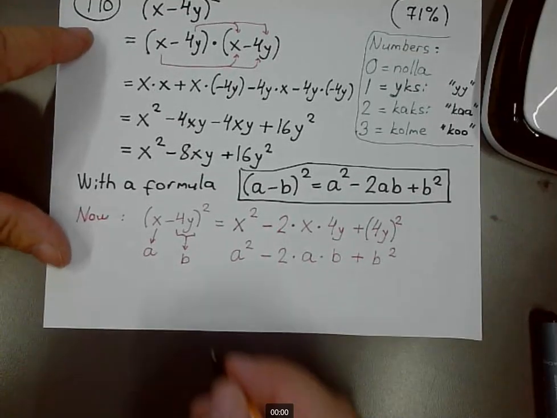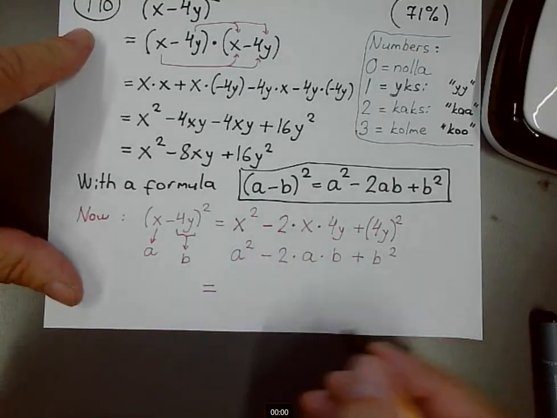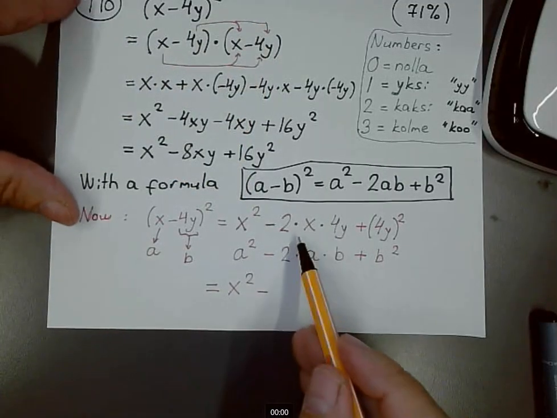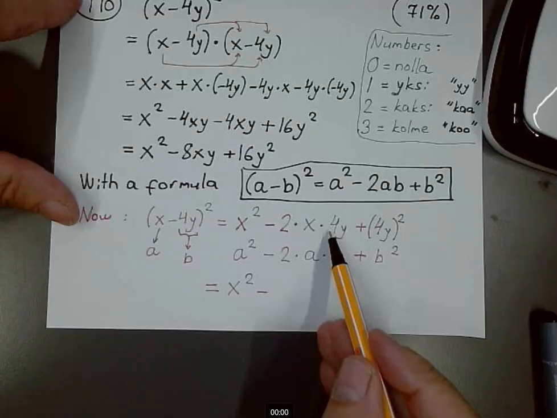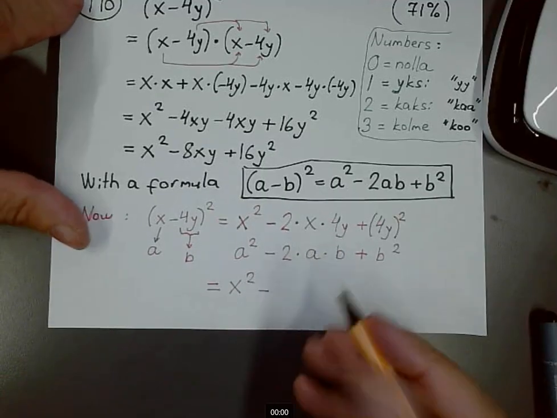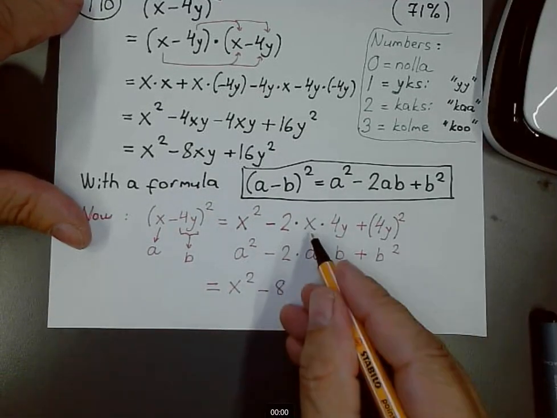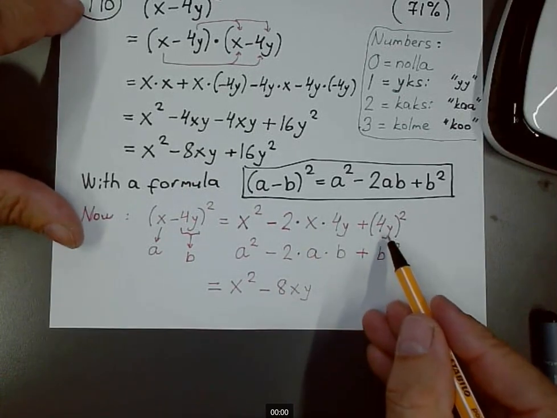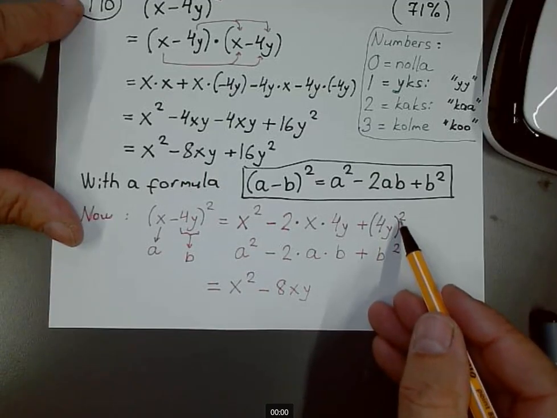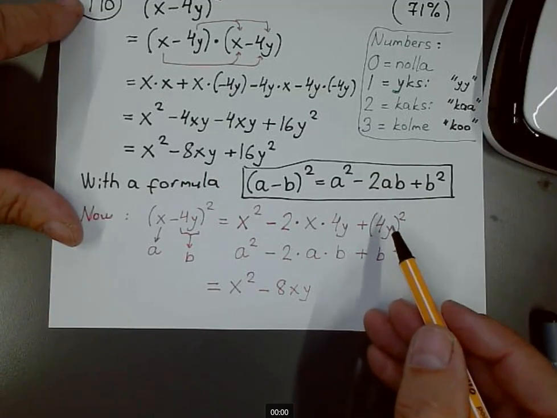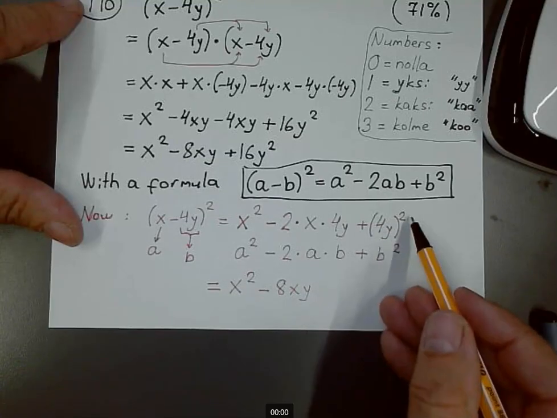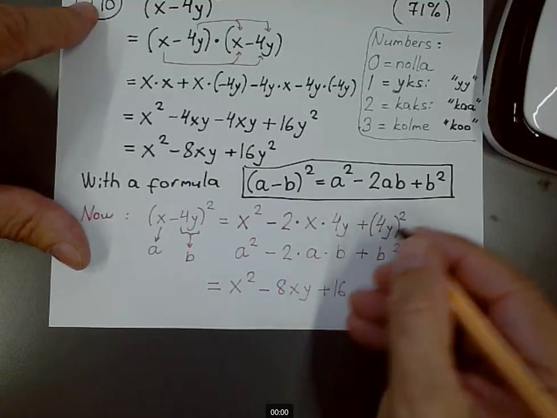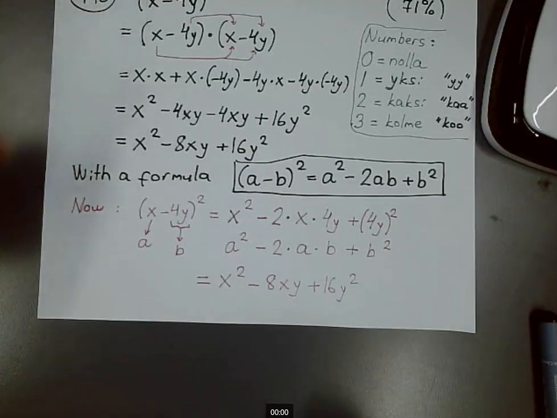And now if we continue, x squared minus, and here we have 2 times x times 4 times y. 2 times 4 is 8, and then we have xy, and 4y to the power of 2 is the same as 4 squared y squared. So 4 squared is 16, and y squared is y squared.